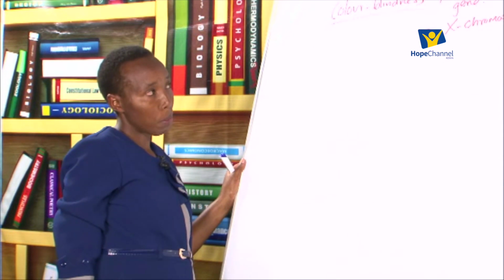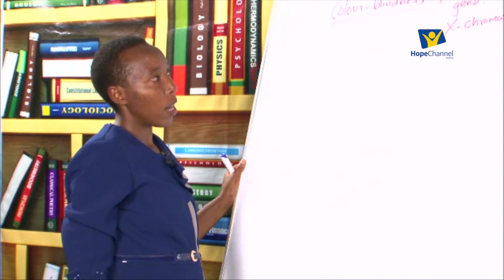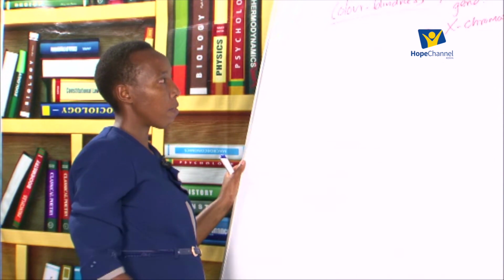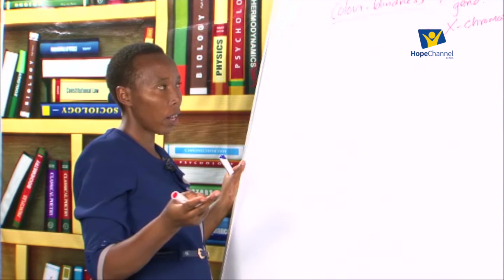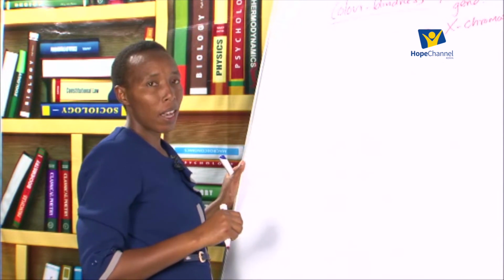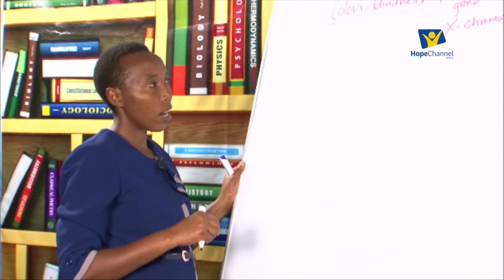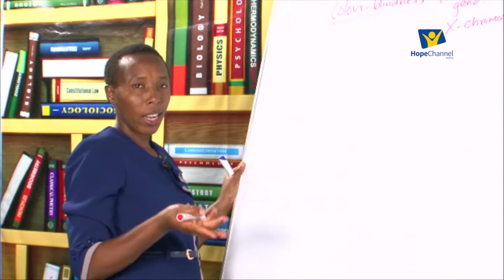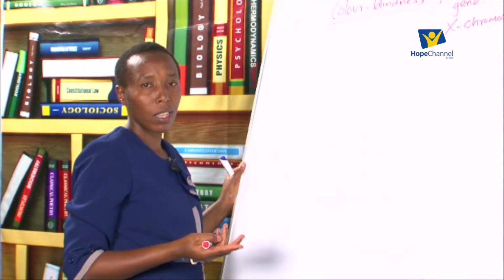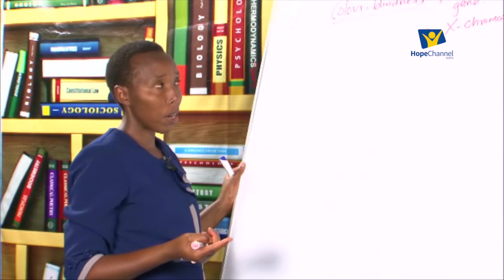So what does that mean? It means that for the girls, we have 2X. For the men, we have 1X. So the 2X might be carrying the recessive gene, so you will say you are colorblind.